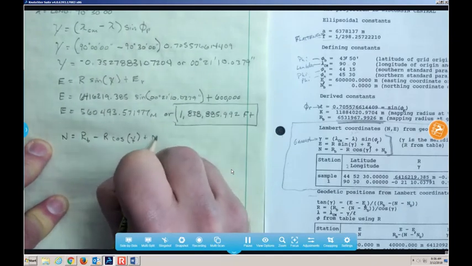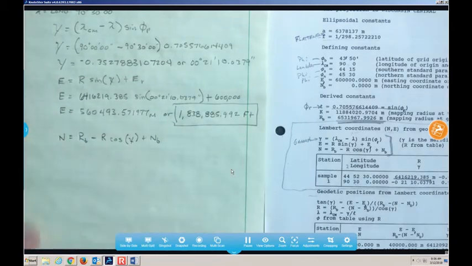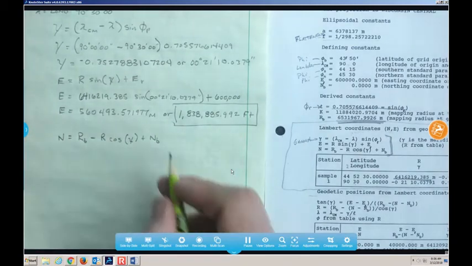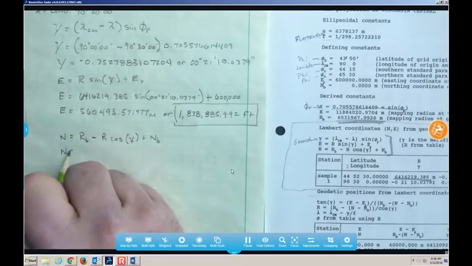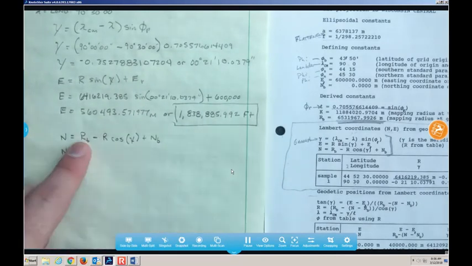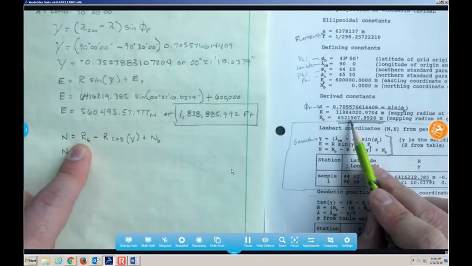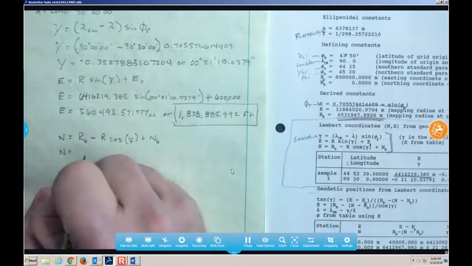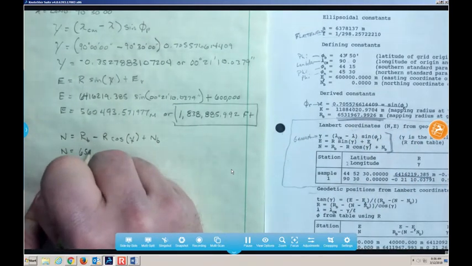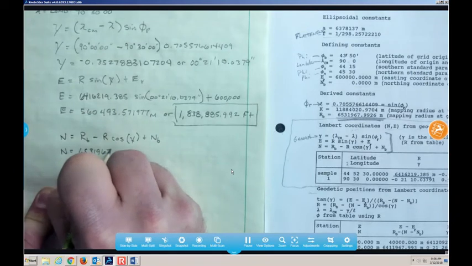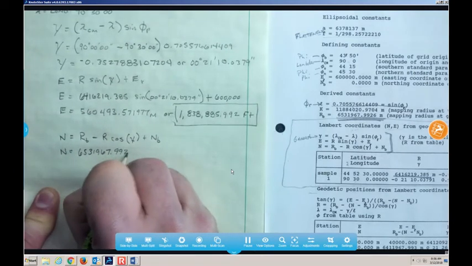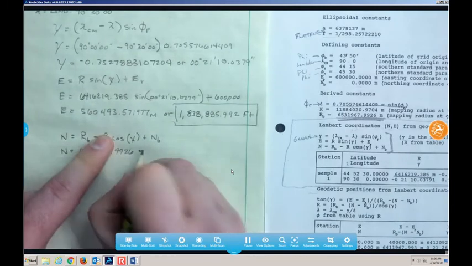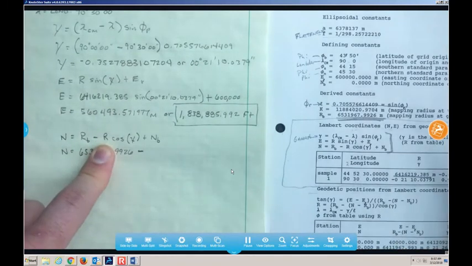plus NB. Well, what the heck is NB? Well, this is where it gets nice. We don't have to add that into our equation. So RB is this mapping radius for our grid origin. That's given. So 6531967.9926 minus R, which is given to us here.